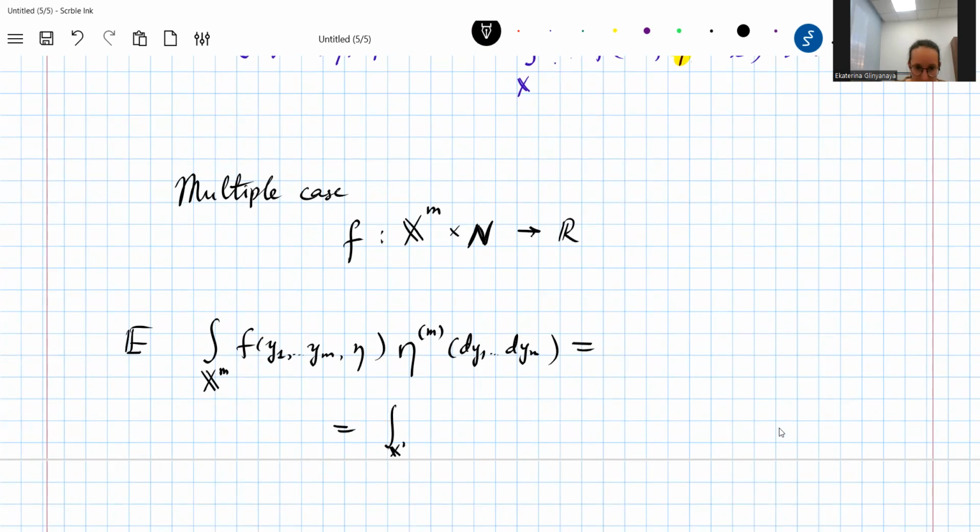The answer will be almost the same, but not quite. We should add to the point process these additional m points.